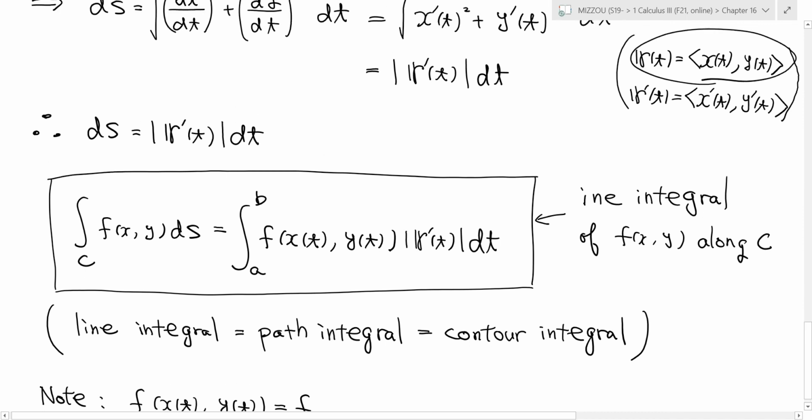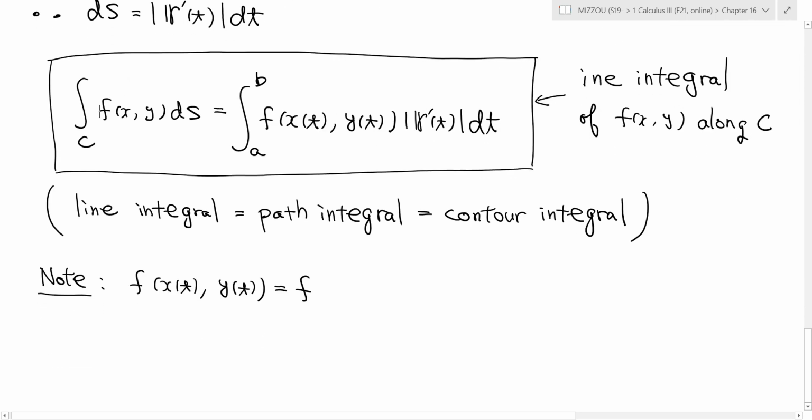So you plug in the parameterization xy to here. For that reason, this expression is often denoted by r of t. So you plug the parameterization into the function you integrate, where r of t is x of t, y of t.